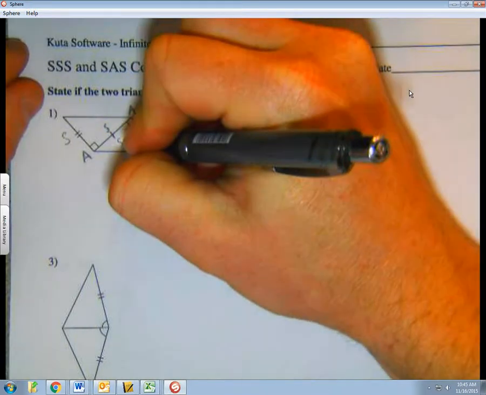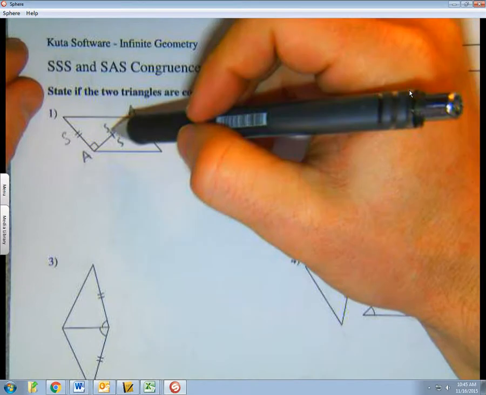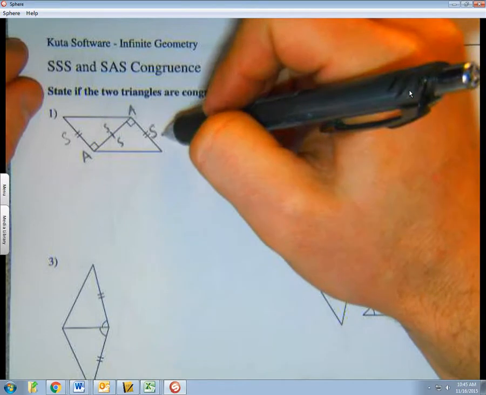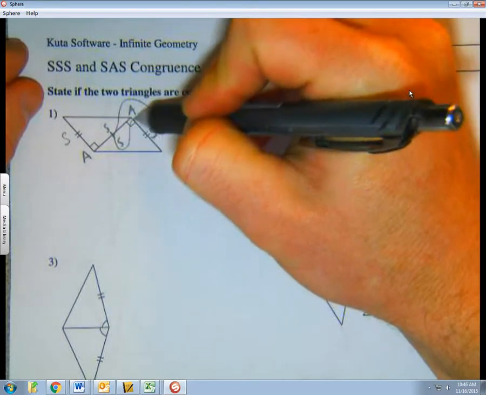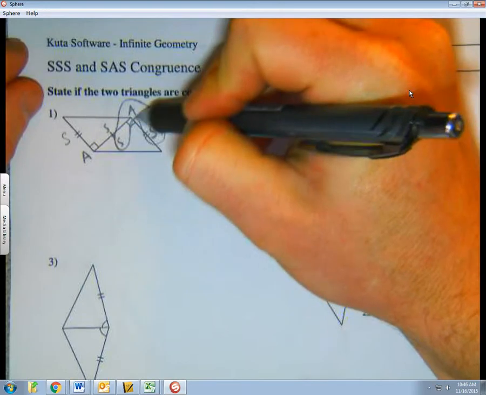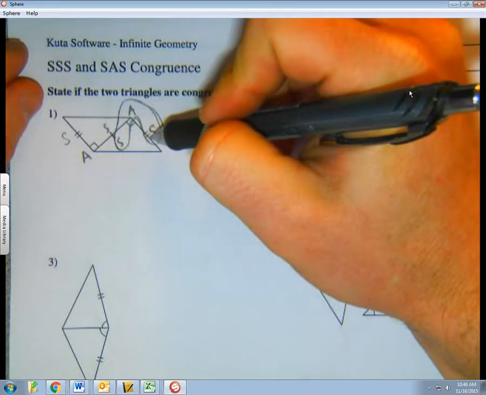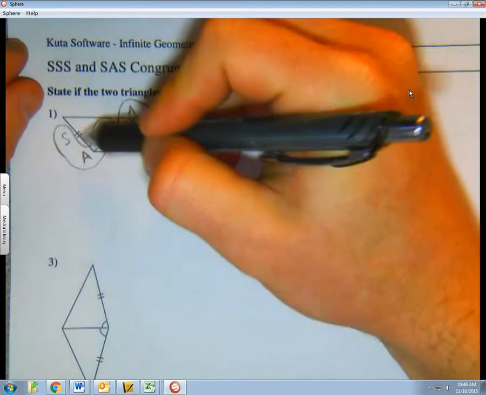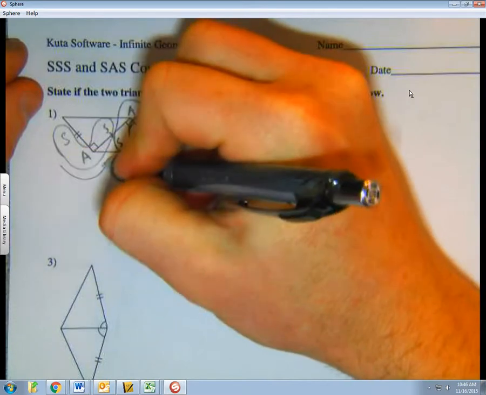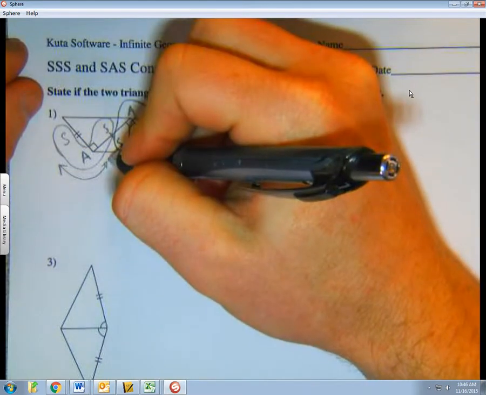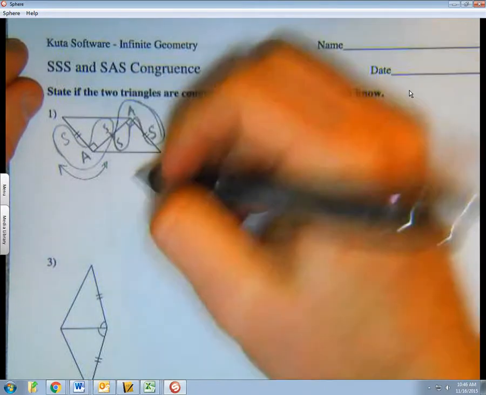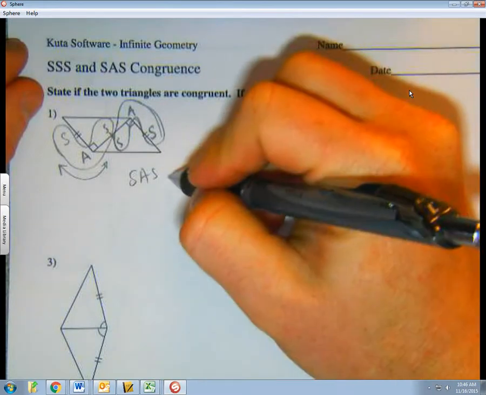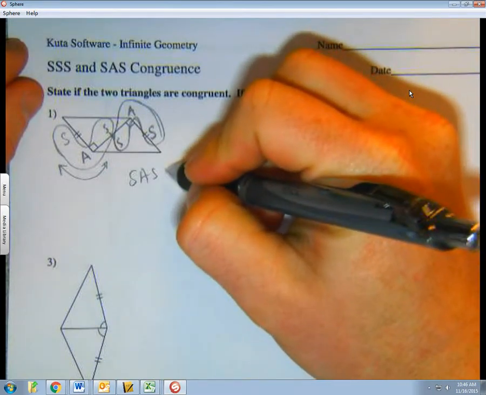You can go from left to right or right to left, or counterclockwise or clockwise, but what you have here is side angle side, and what you have here is side angle side. So they are congruent.